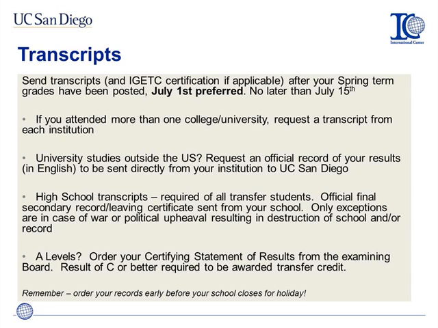If you took A-levels, you must also order your certifying statement of results from the examining board to be sent directly to UC San Diego. A result of C or better is required to be awarded transfer credit. Please do not send transcripts until all of your official spring grades have been posted to the transcript.